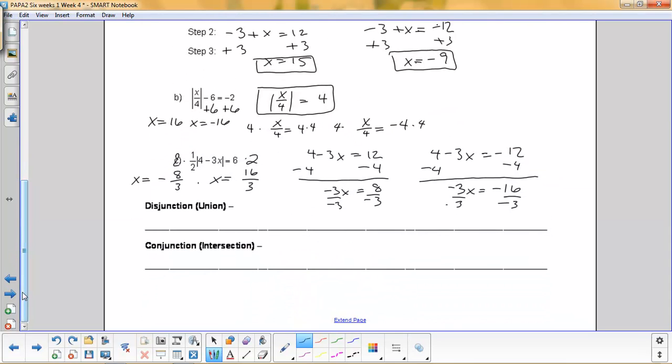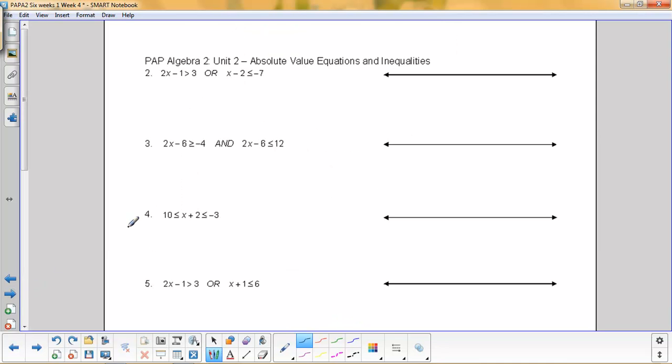Fill in your vocabulary. And now let's expound on what that means. Alright, so OR is your union or disjunction. And we solve for x by adding 1 to this equation. 2x greater than 4. Divide by 2. X greater than 2.